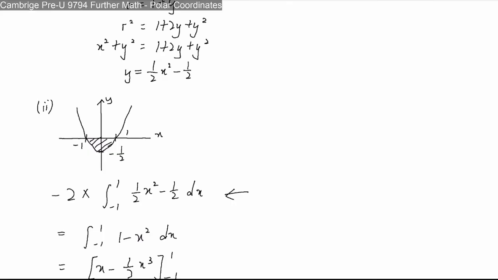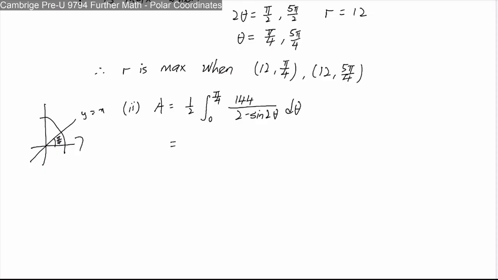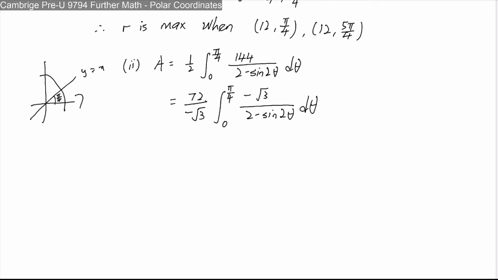So what happens is that we can factorize out the 144 and then multiply the numerator and denominator by negative root 3. 144 divided by 2 is 72, but we need to multiply the numerator and denominator by negative root 3 first. The reason we want to do this is because we want to apply the previous result, because we do not know how to integrate this one.